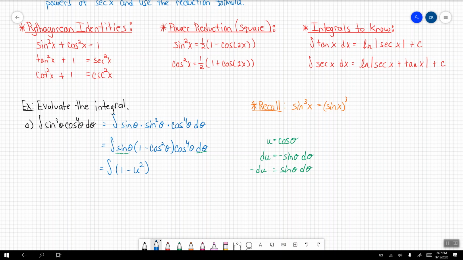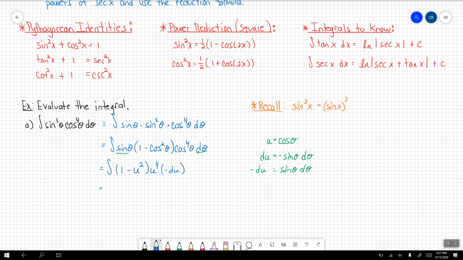Cosine to the fourth, remember we're using this process where cosine to the fourth theta, or cosine to the fourth x, will now just be the quantity of that cosine. But cosine is u, that means we have u to the power of 4. And then that sine theta d theta is that negative du.